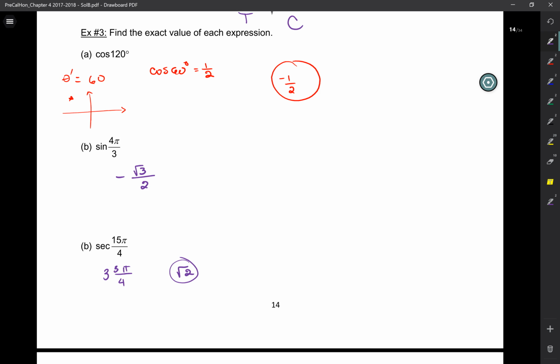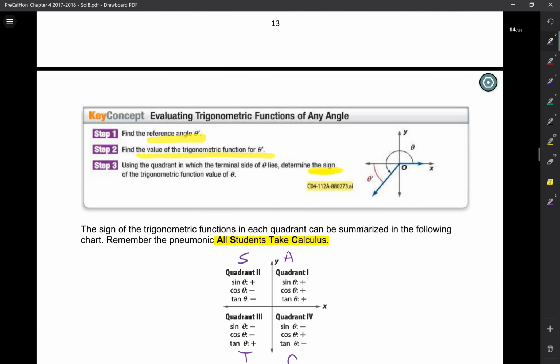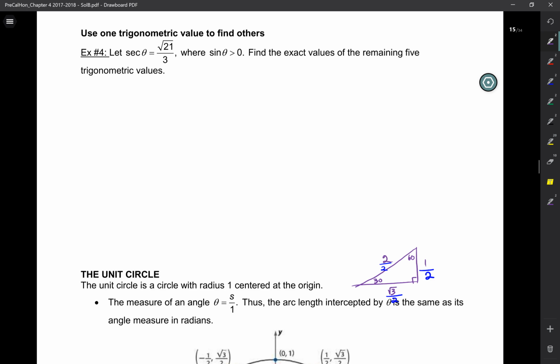I will pause this for a sec. Struggling with this. Okay, let's move this way. All right, let's do this one.